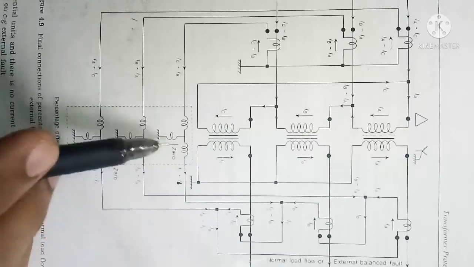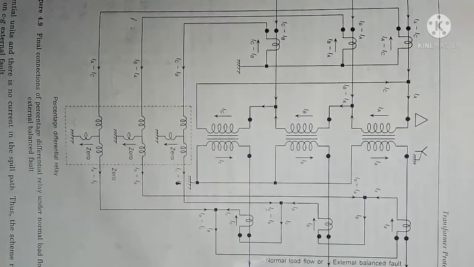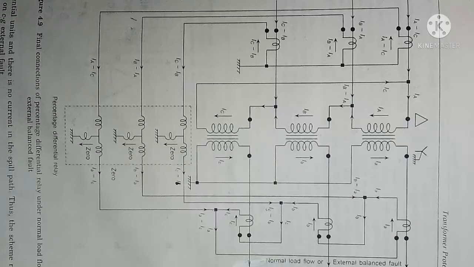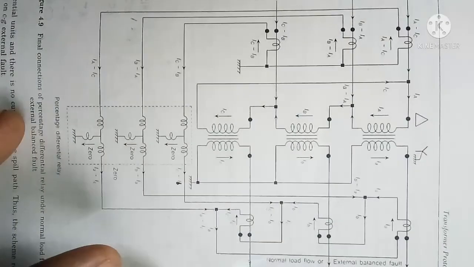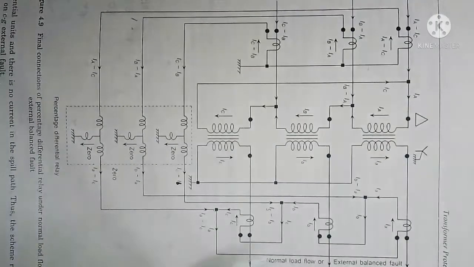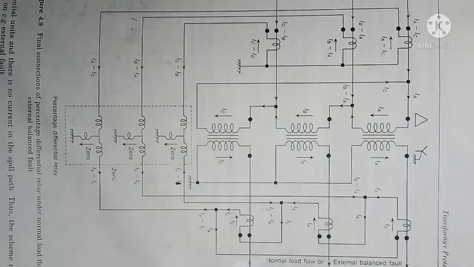So because of that, the current flowing through the operating coil will become equal to 0, and hence no trip signal will be issued to the circuit breaker. That means the percentage differential protection provided to the power transformer is insensitive to normal operation of the transformer and to external balanced fault condition.